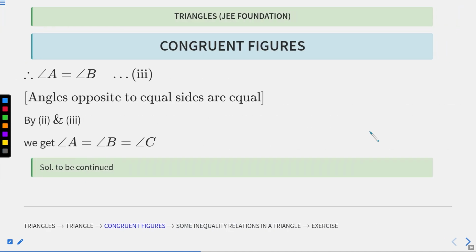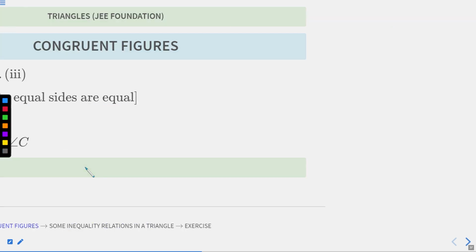So angles opposite to equal sides are equal. I hope you get this point. Yes, it is given. Now how are we going to say that angle A, angle B and angle C are equal to 60 degrees?